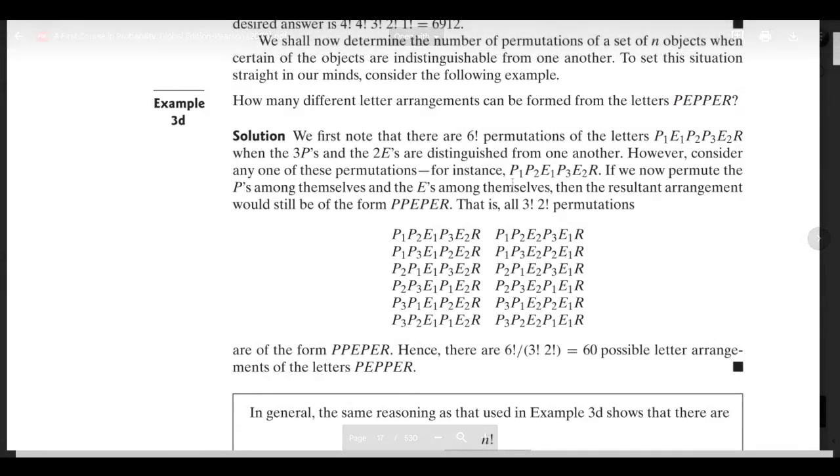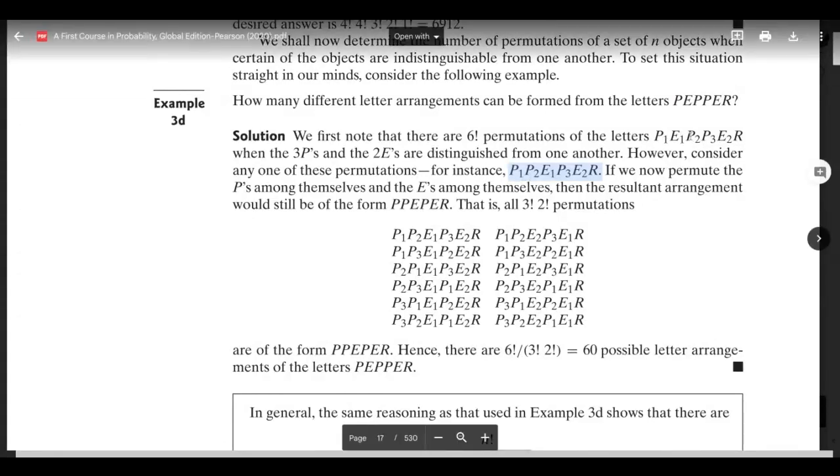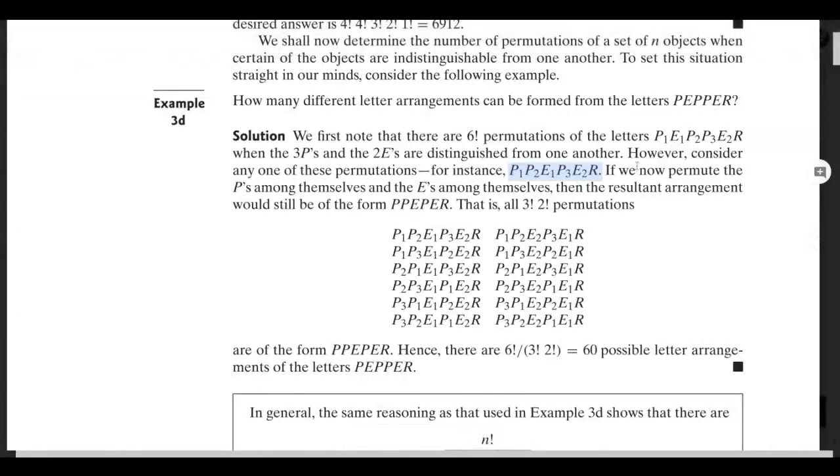All right. So here explains why. If we label P1, P2, P3 for those 3 different P's, we see that we overpermute. If we do 6 factorial, that means we also permute P1, P2, P3, but those 3 P's are the same. We also permute E1, E2, but those 2 E's are the same.